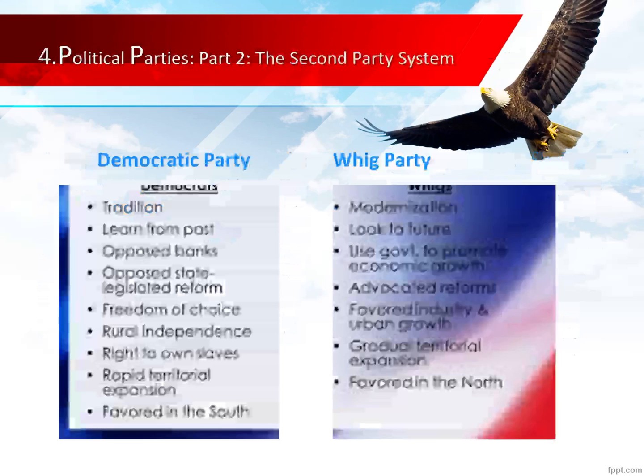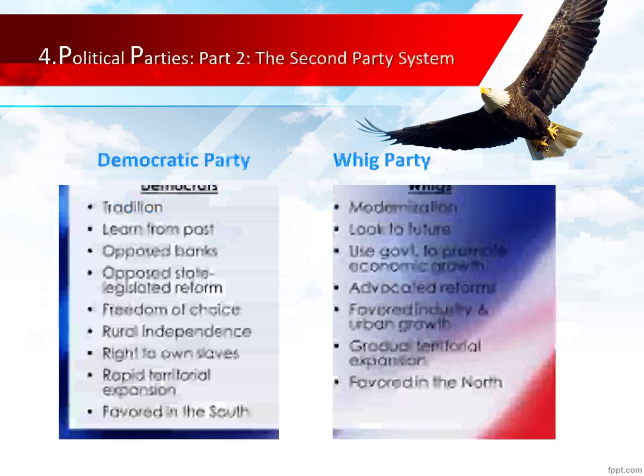They're going to be opposed to national banks. They're going to oppose state legislative reform. They believed in freedom of choice. They believed in rural independence. So small communities in the rural countryside of the West are going to have their independence.